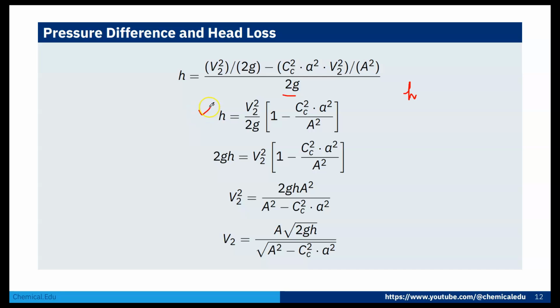So from that we can calculate H. And here we are calculating V2. So 2gh is equal to V2 square into 1 minus CC square small a square by capital A square. So V2 square is equal to 2gh A capital square by A capital square minus CC square small a square. So ultimately we got that V2 is nothing but A root over of 2gh by A square minus CC square into a square. That we got V2.